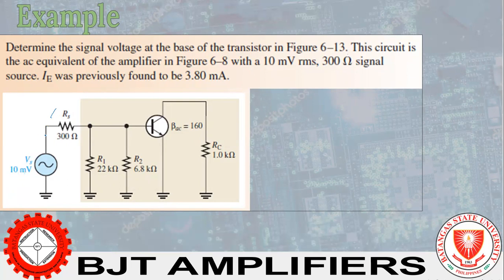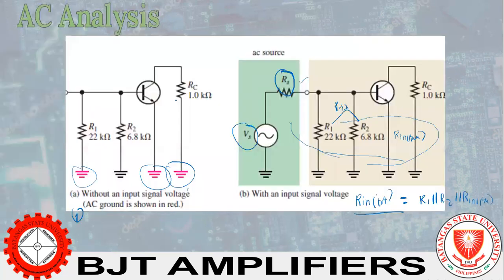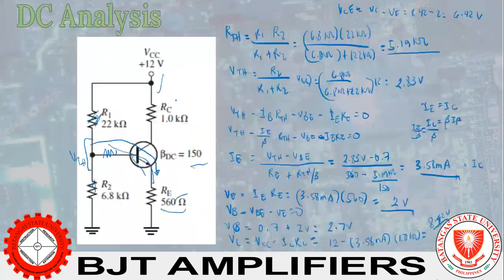And IE was previously found to be 380. Okay, so ito yung kanina nating kinuha sa DC circuit. So, kung matatandaan nyo, solve na tayo sa mga DC. So, check natin kung ano yung IE natin nakuha kanina, kasi para diretso na tayo sa RE prime.